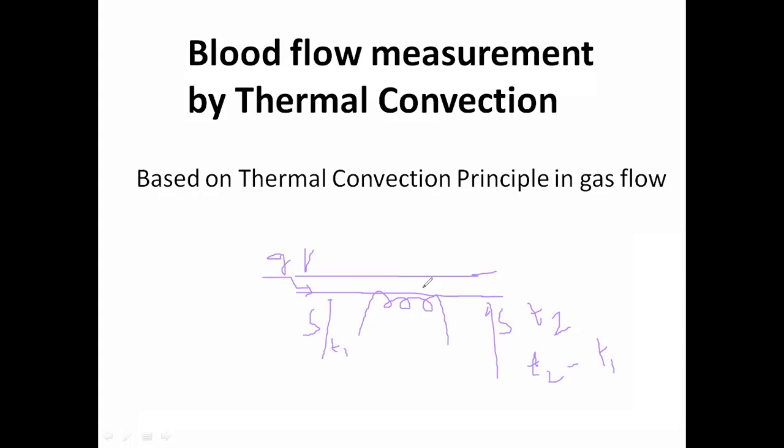Here we have a heater near the arteries or veins, and due to that, the temperature of the blood changes before and after the heating. So there is a variation in the temperature. By measuring the temperature difference, we can identify the blood flow velocity. This is the basic idea.